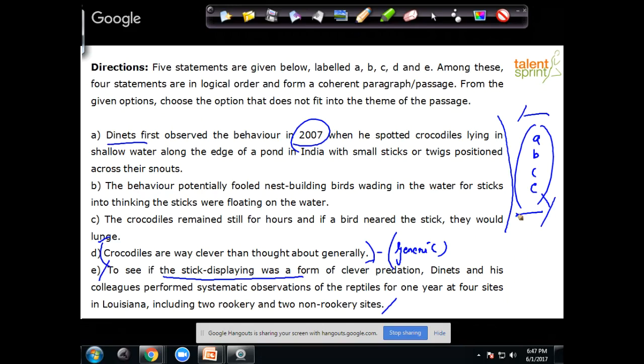So if I have to choose which one is the odd one out, I would choose D, because it's breaking my story here. The sequence is very logical in A, B, C, and E. D is breaking that sequence. So that's the one that is odd for me.